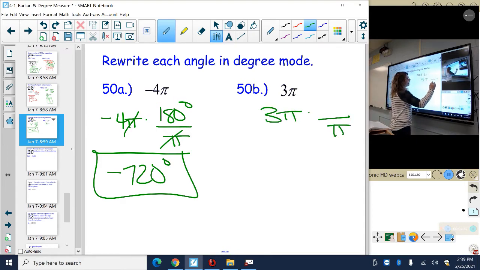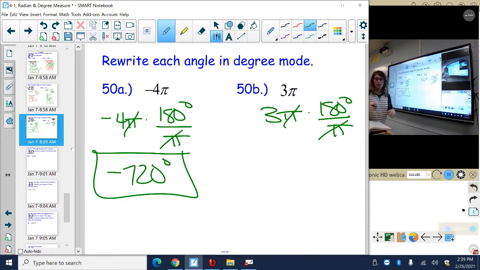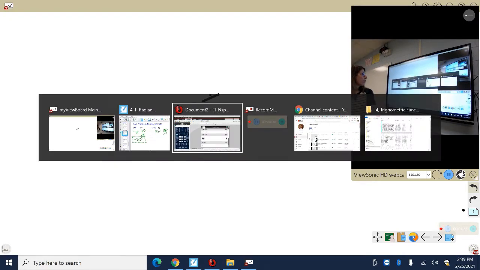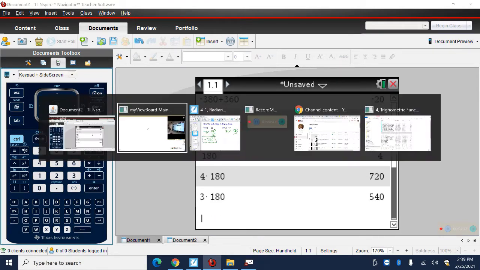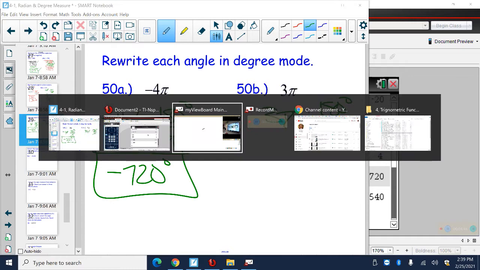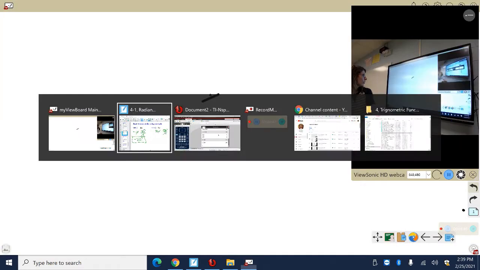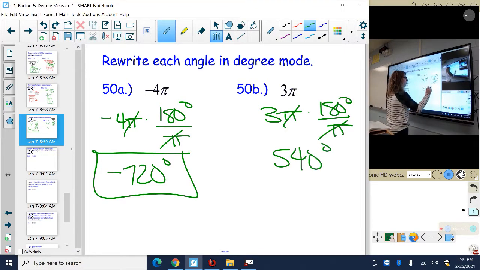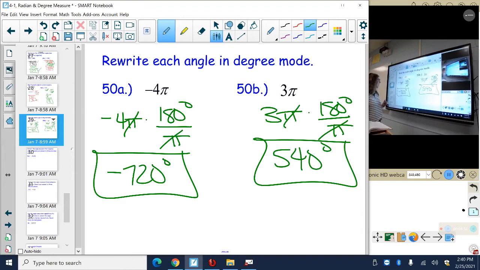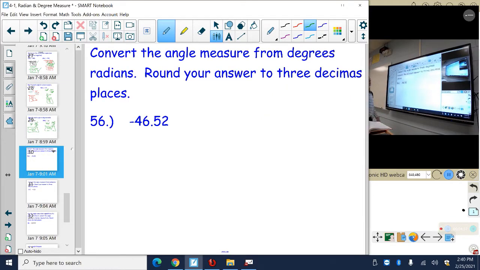I want the pi to cancel out, so that goes on the bottom, and I want the 180 on top. So you're going to have 3 times 180, which is going to give you 540 degrees.